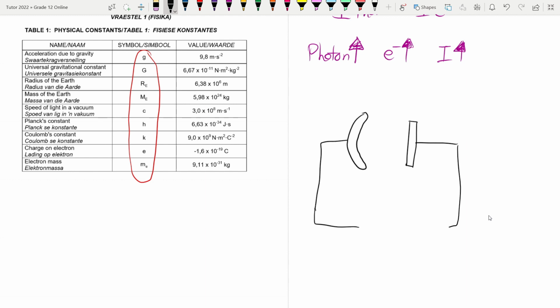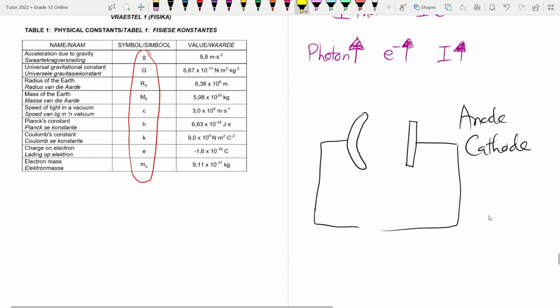Well, we are used to anode and cathode in electrochemistry. Yeah. But all I can say, I don't want to go into much detail, is that the metal piece that is receiving light is always the cathode. So we're always going to define it as the cathode. It's not going to change.